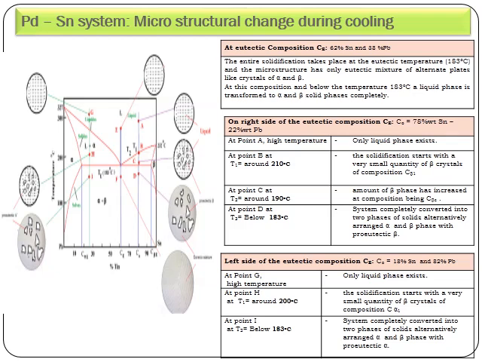When we have a higher concentration of lead, we observe there is a pre-formation of lead, and this pre-formed lead or tin will continue to grow in size as the temperature is decreasing, and at the lower temperature, even after all the liquid phase is converted into eutectic mixture, these lead or tin phases are present as a distinct microstructure or distinct phase in the system, and they will definitely affect the mechanical behavior of the material. So this is what we have to understand in this diagram.